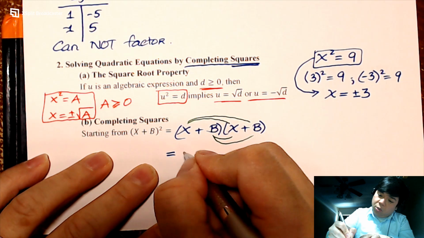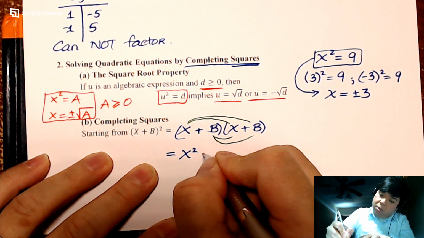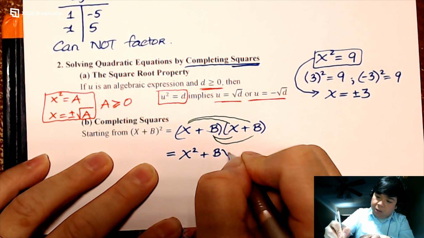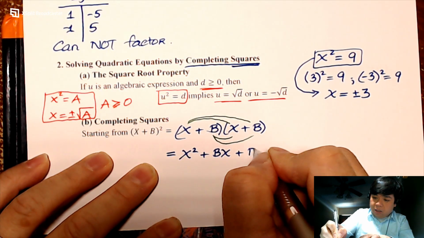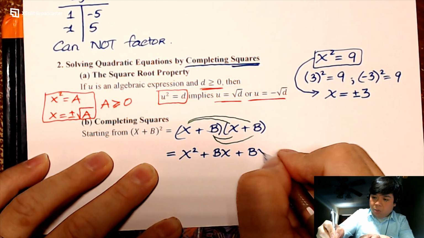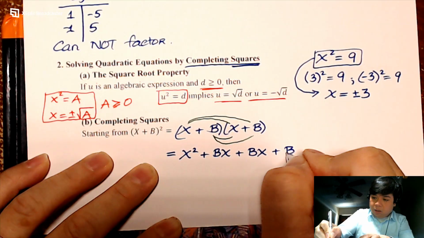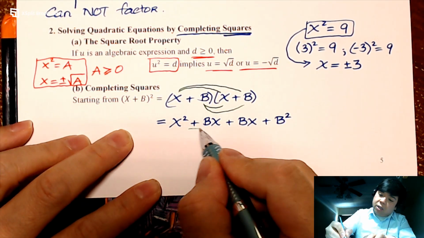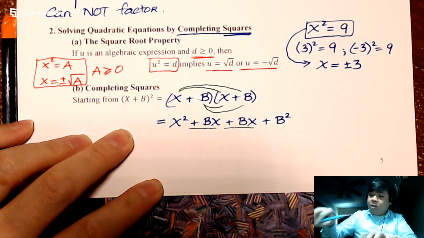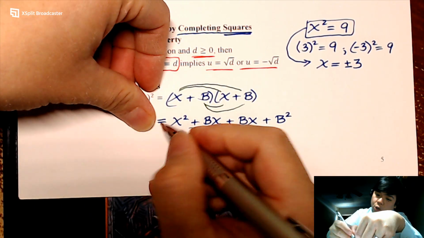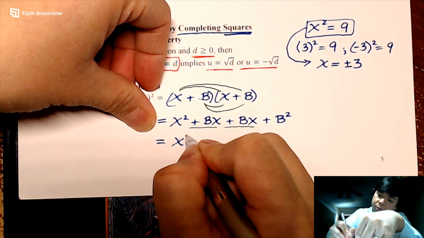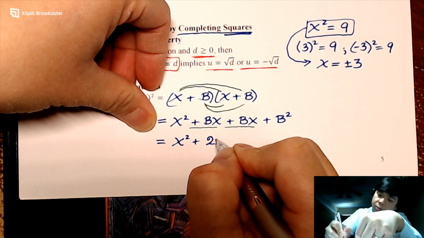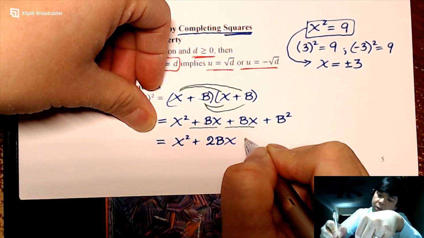And that is x squared plus bx plus bx plus b squared. And the two bx terms are the same. Make that 2bx plus b squared.